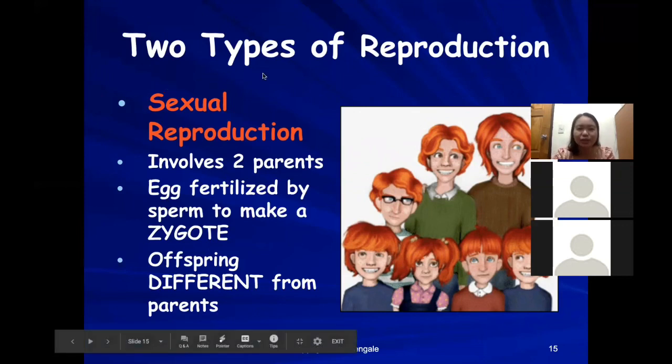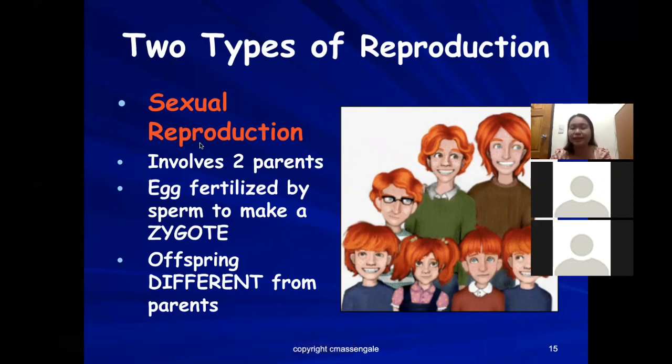So anyway, going back to reproduction, we have two types, the sexual and the asexual. For humans, we can never have asexual reproduction.